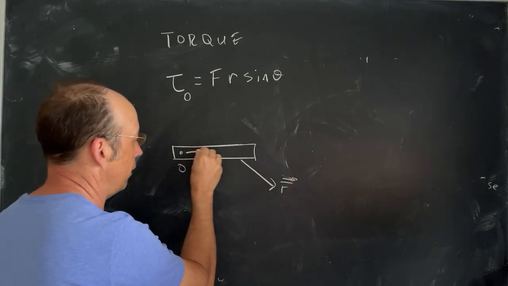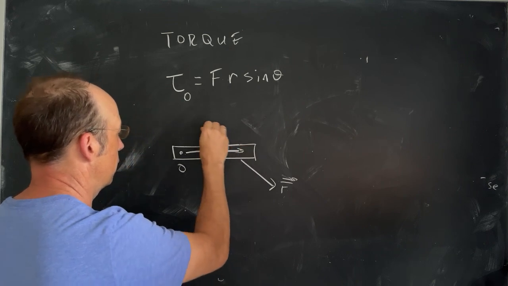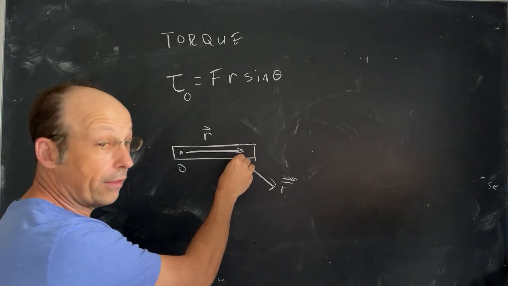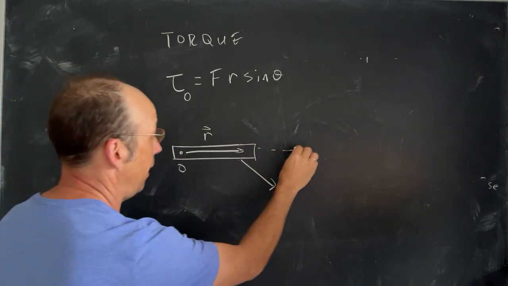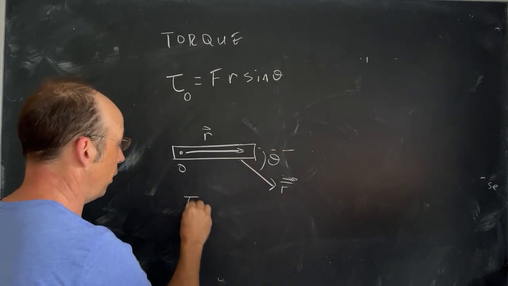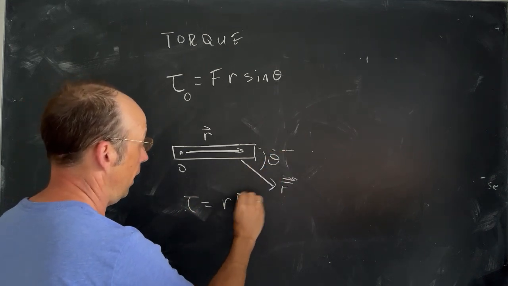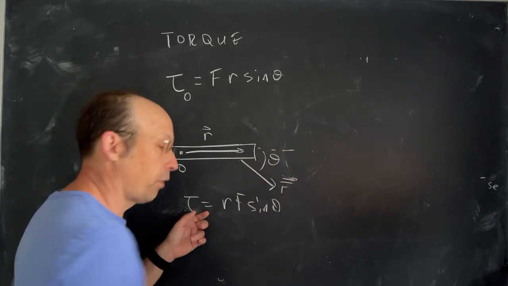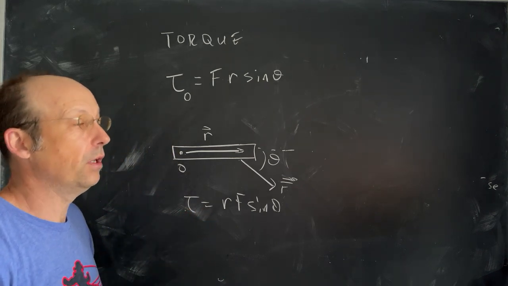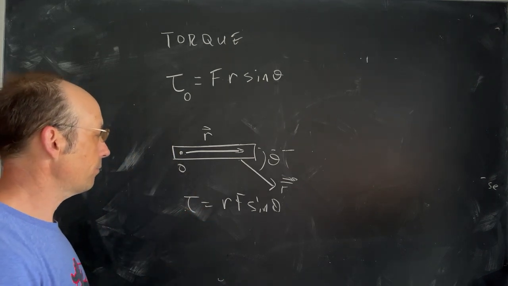And then I'm going to write the vector r, which is from that point to where the force is applied. And then I have this angle theta. So the torque would be r F sine theta. We're going to write it as a scalar value. Like I said, technically it's a vector.